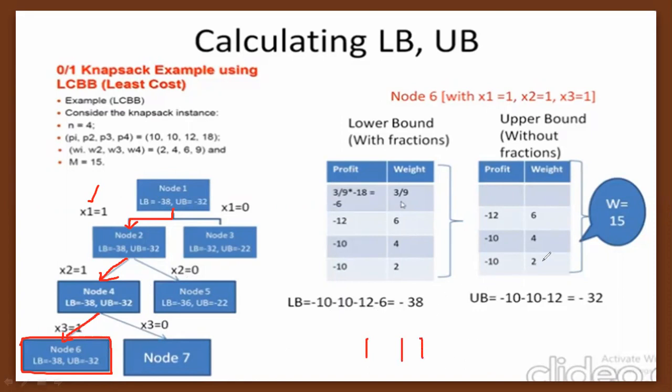So you can place the first, second and third items, all three. Upper bound is minus 32, and I can take a fraction of the fourth item also, so the lower bound value is minus 38.